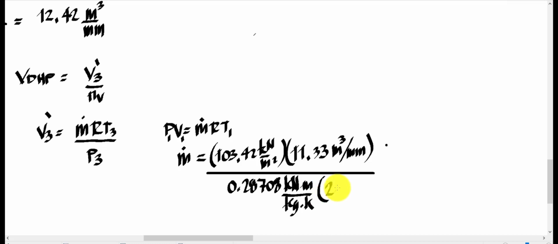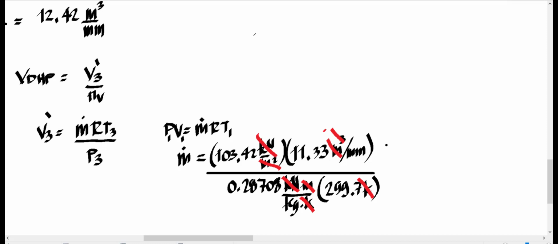Then multiplying by temperature T1, so we have 299.7 Kelvin. So we can cancel now your Kelvin here. Then kilonewton dun sa taas. This one, square, cancel. And this one also cancels. And also your mass. Okay.